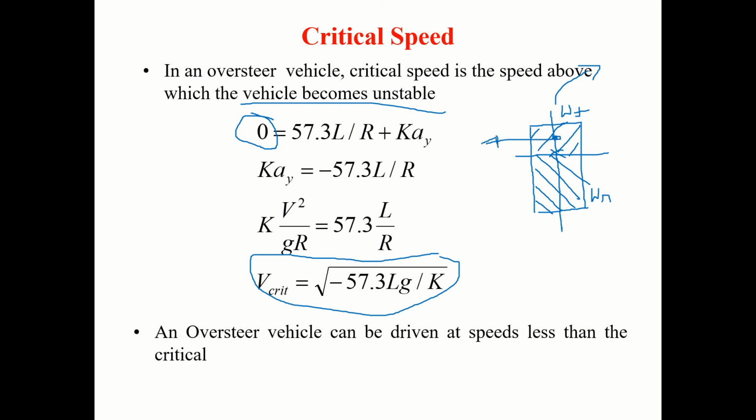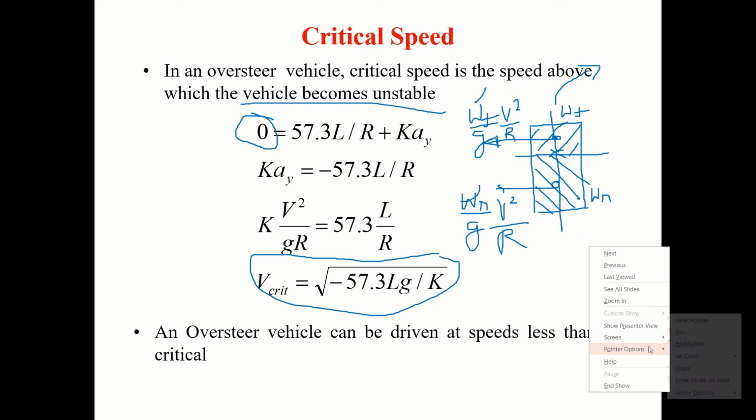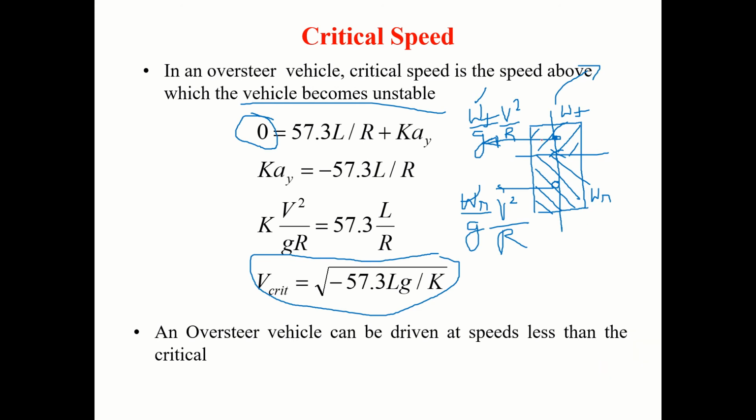Centrifugal force of this is WF by G V squared by R. And this center of gravity is here, WR by G V squared by R. If this is higher than this, vehicle tries to swell like this.